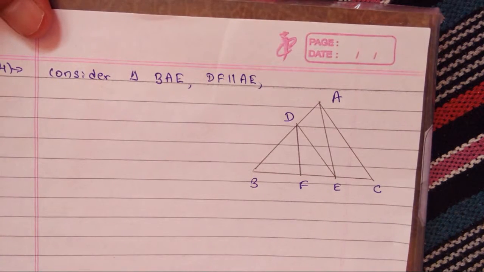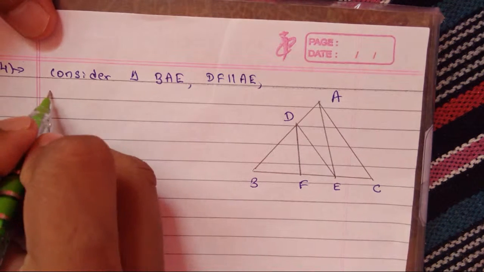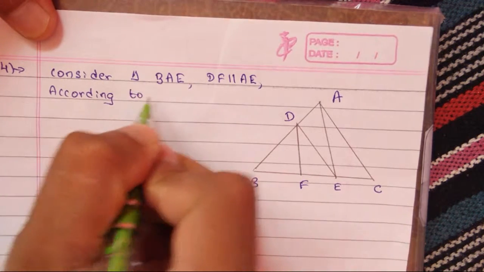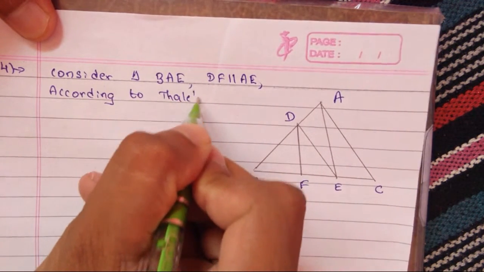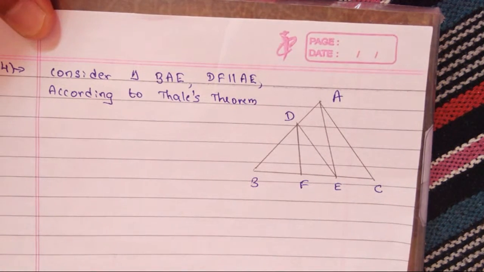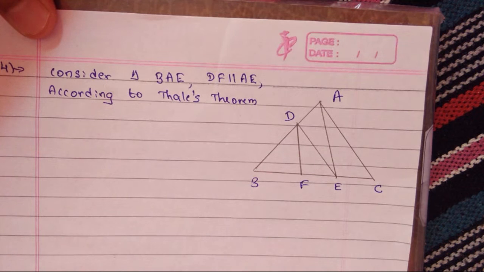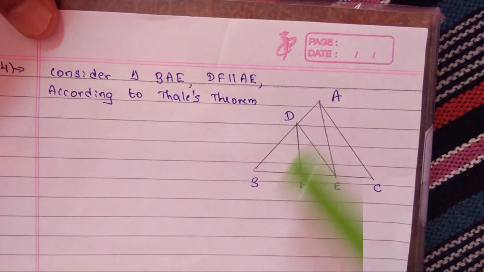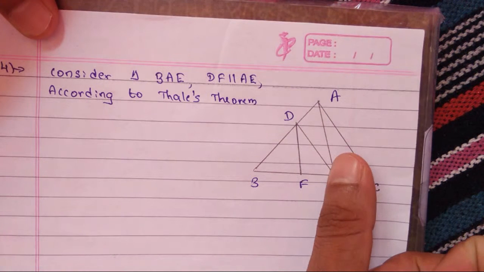Then again we have to now apply Thales theorem. According to Thales theorem, so what it tells? It tells if a line which is parallel to one side of a triangle, then it cuts the other two sides in the equal ratio. So therefore, in triangle BAE, DF is parallel to AE.